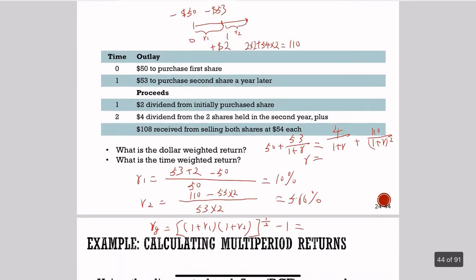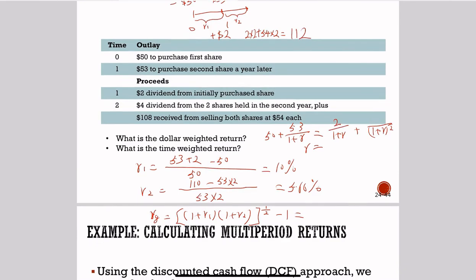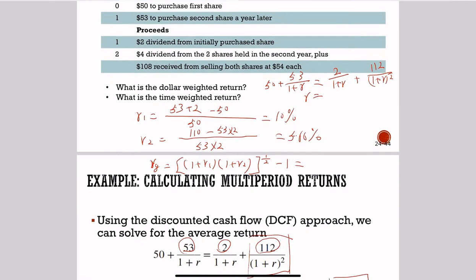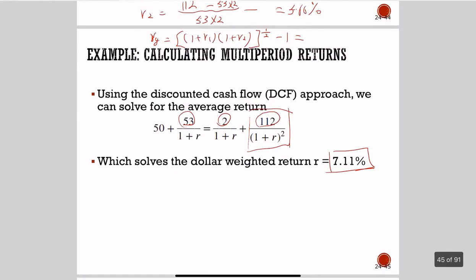So this would be 112, and this should still be 2, but then we have to consider these 2 shares. So it's 112. Okay, let's go back to our discussion.